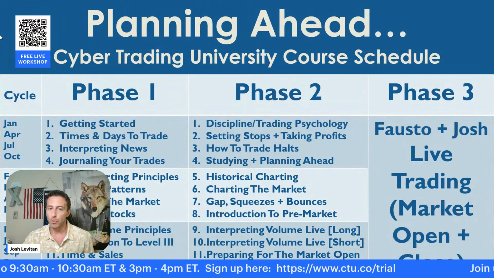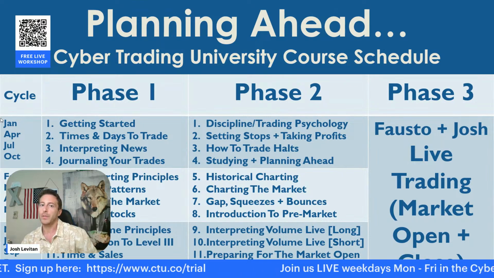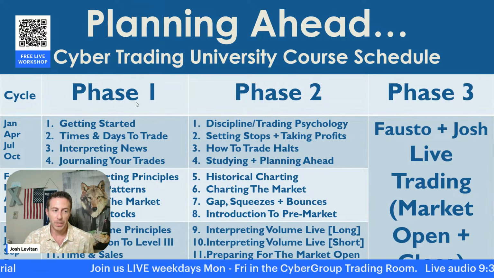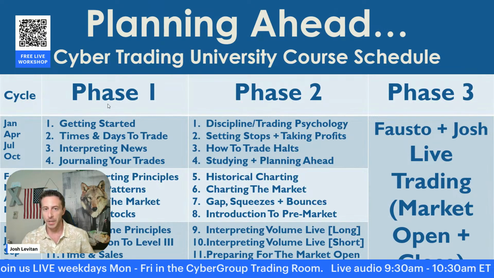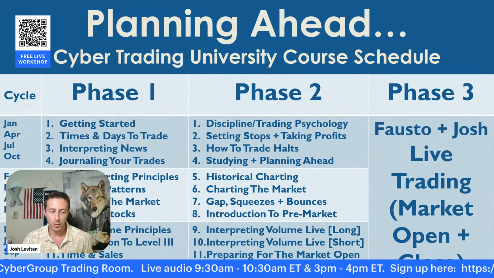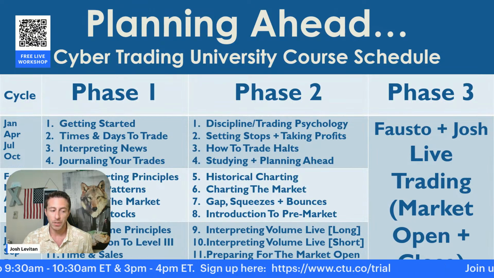This is our full course schedule. This is our entire curriculum from A down to Z. So just so you know, we're kind of right here in our curriculum in the Phase 1 stock course. That's our beginner module course, and we're in lesson number 6. So here's the month of May. We wrapped up this morning's class earlier with lesson 5.